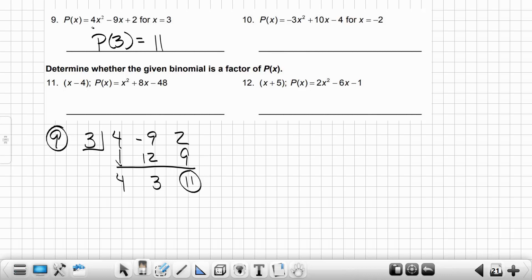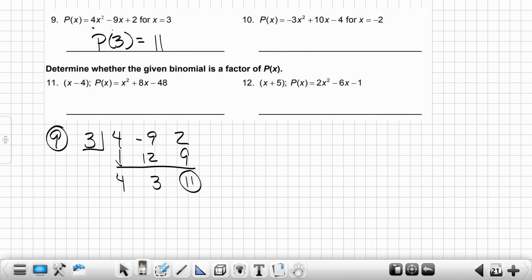Tim, what's 9 times 3? 27. So I get 36 minus 27. Tim, what's 36 minus 27? 9. So I'd have 36 minus 27, which is 9, plus 2, 11. Much faster.